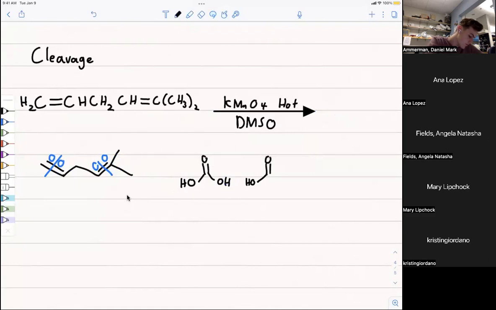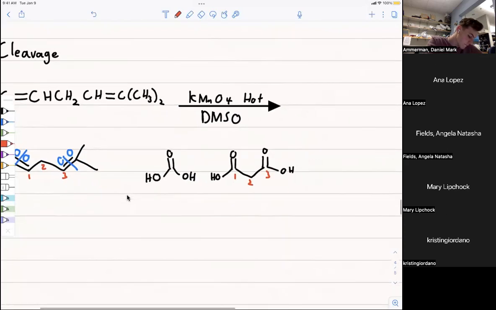And then I have 1, 2, 3 carbons. One, 2, 3. And then the last one we have is a ketone.